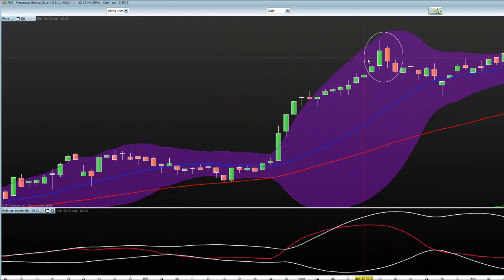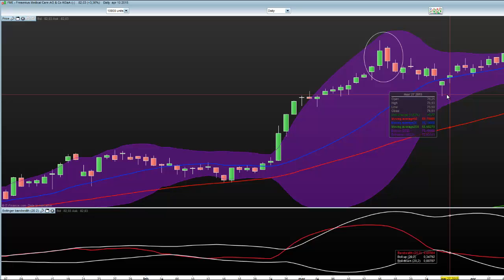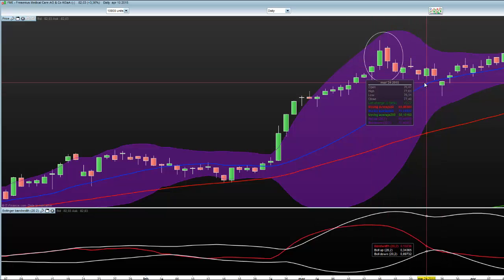So we go up, up, up, up, up. Big green candle, a red candle that reverses at least 50% of this green candle. Signals the top, so we can go short. In this case, we would have only got €4, but that's 3-4%. So that's a decent gain for a quick 4-day trade.